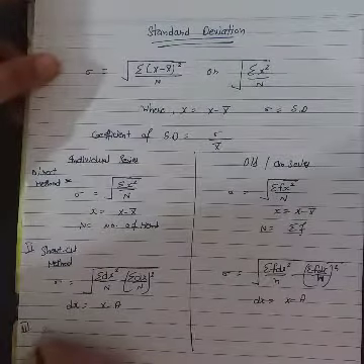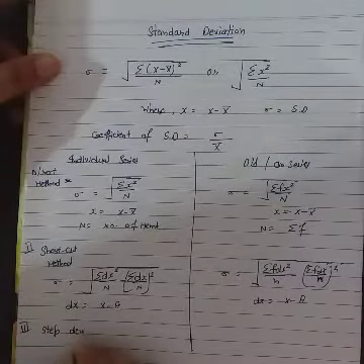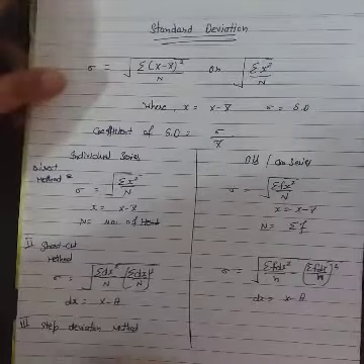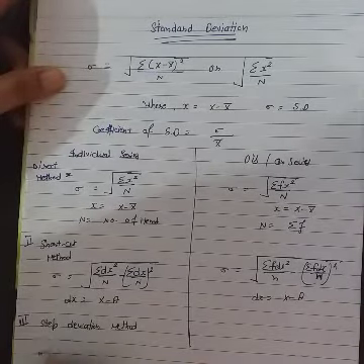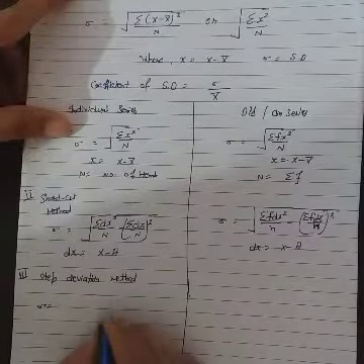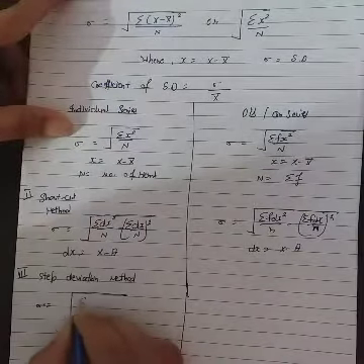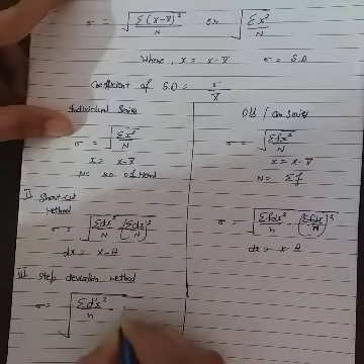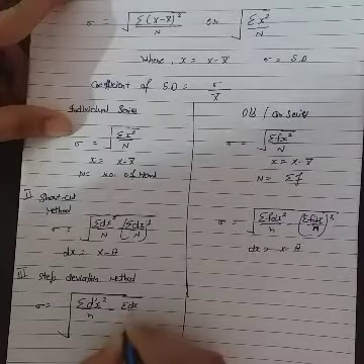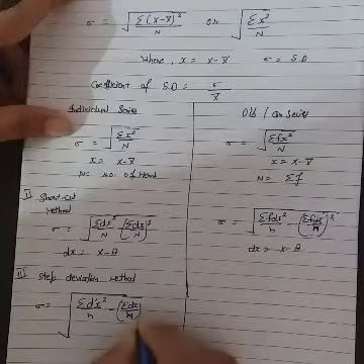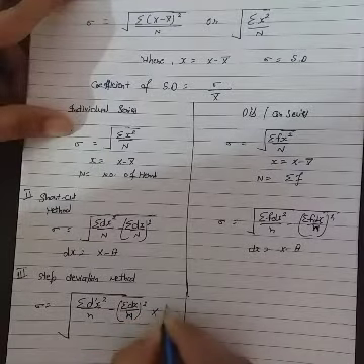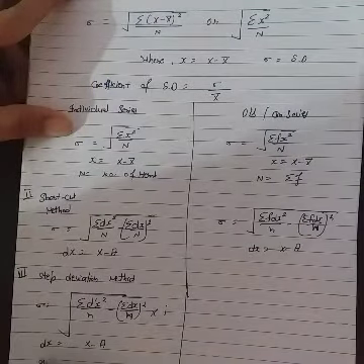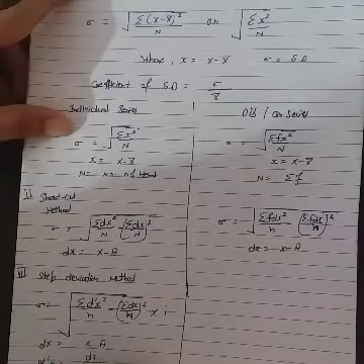Last method is step deviation method. Standard deviation is equal to under root summation d dash x square over n minus (summation d dash x over n) the whole square, multiplied by i, where dx is equal to x minus assumed mean and d dash x is equal to dx over i.